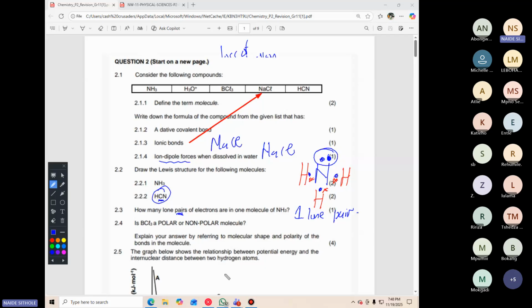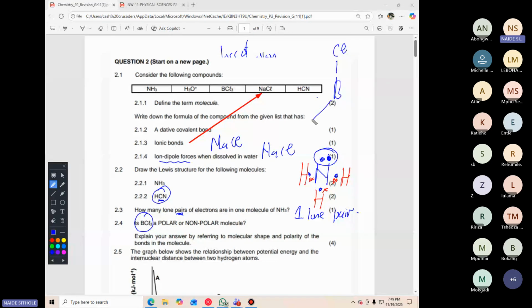Right? So BCl3 has what we call a trigonal planar shape. It's like this. It goes B, Cl, and then Cl, Cl.